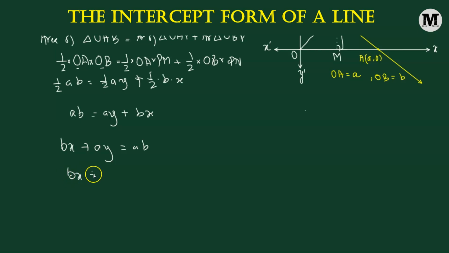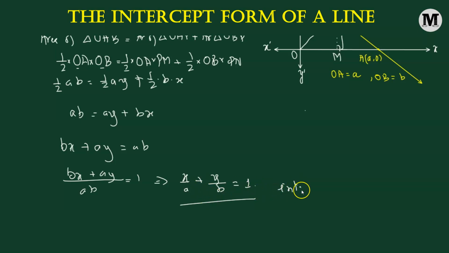So we get BX plus AY, whole divided by AB, equals 1, and this is going to finally give us BX over AB, which simply means X over A, added to AY over AB, so that's going to be Y over B equals 1. So we have finally obtained the equation of the straight line, and this is referred to as the intercept form of a line.